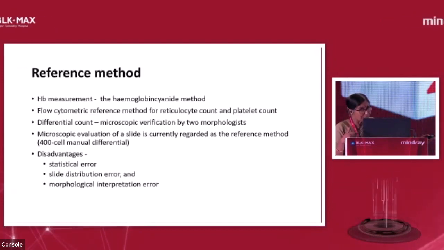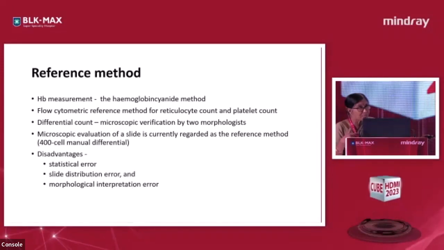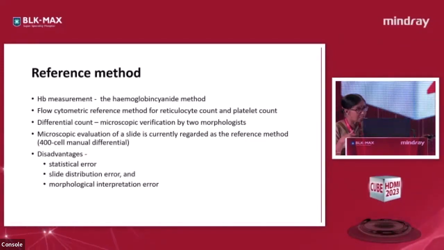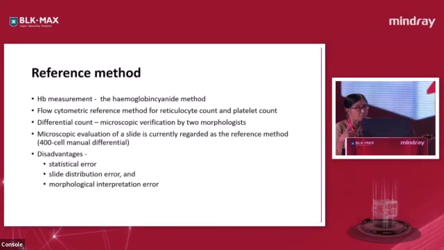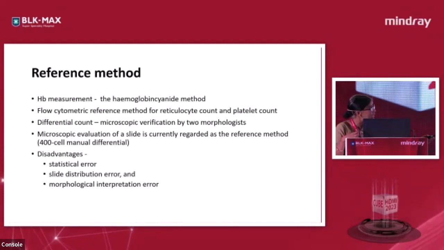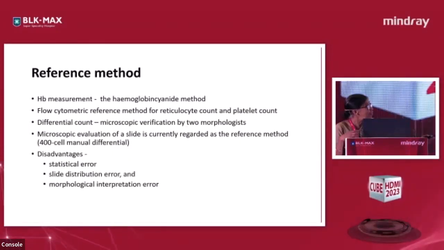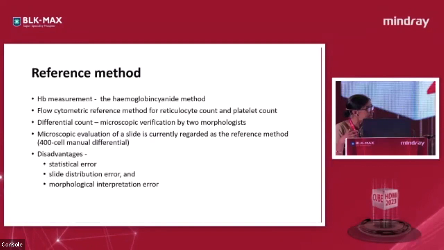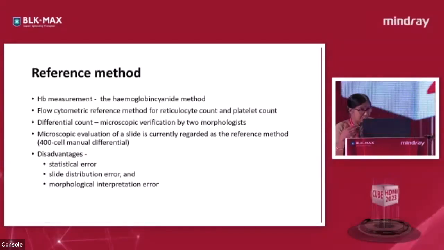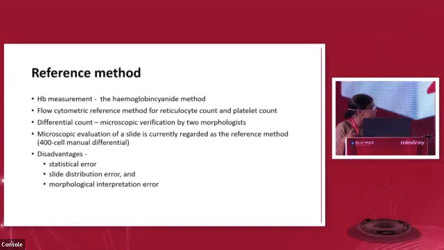So the reference method becomes important. For hemoglobin, of course, we do have a reference method, the hemiglobin cyanide method, flow cytometric reference method for platelets as well as reticulocyte. Differential count, we still rely on morphological verification by two morphologists, count of 400 cell count, and I think it's still the reference method.